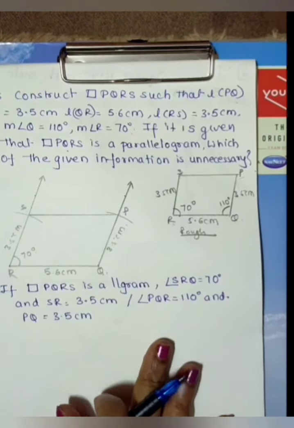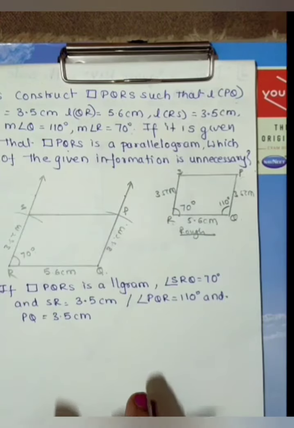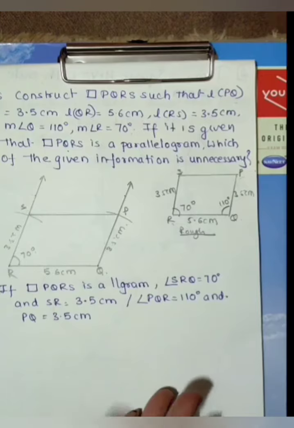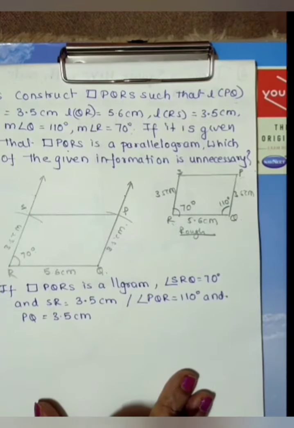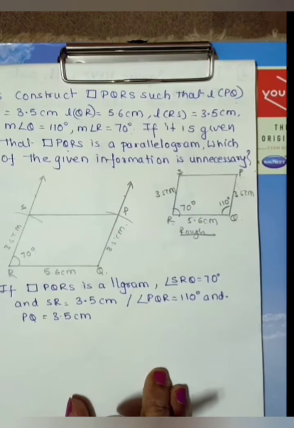It is possible to construct a parallelogram if two adjacent sides and the included angle are known. So we can easily construct a parallelogram if its adjacent sides and included angle are known. So the given information is unnecessary.